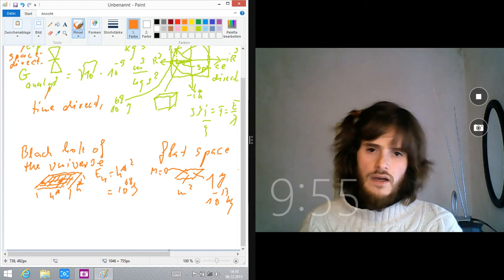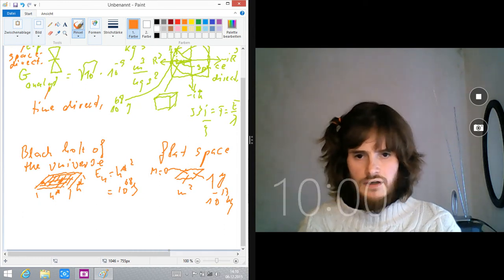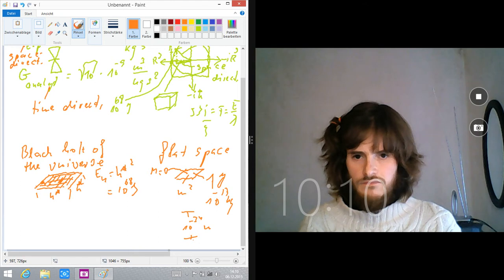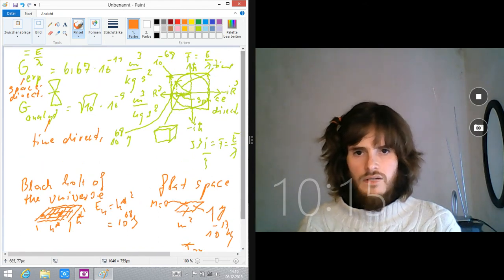These both extremes here have an effect on micro black holes. Here the micro black hole has a depth of 10 to minus 34 meters. This is here, this value.